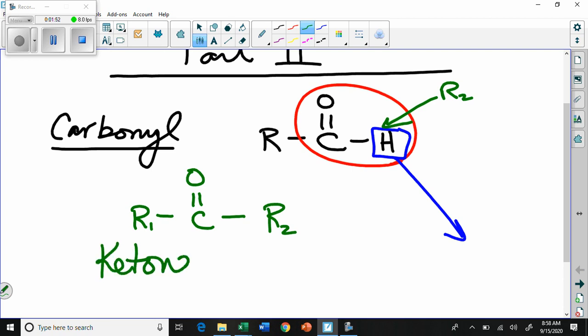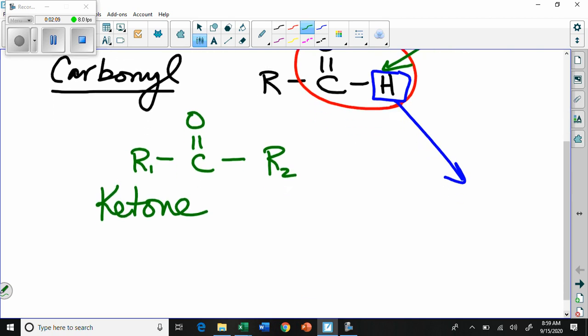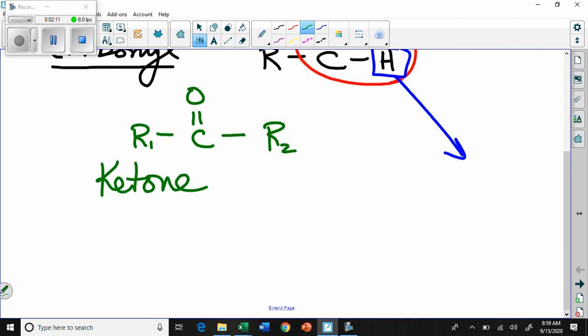So it's a linkage or a bond that has formed with a carbonyl and something else. This can be on the end or in the middle. When it's in the middle, it's called a ketone. Here's an example of a ketone.